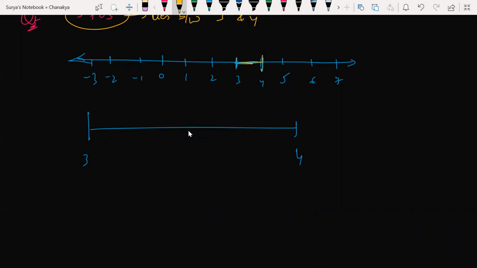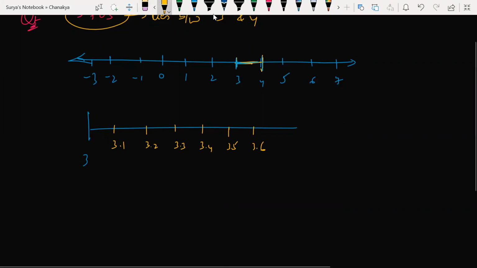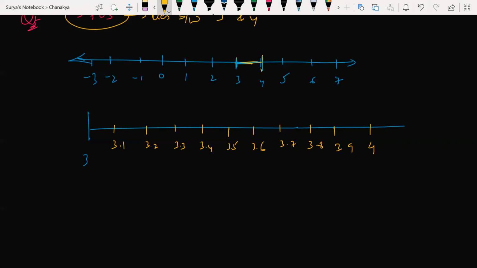Let's write 3.1, 3.2, 3.3, like that, 3.4, 3.5, 3.6, 3.7, 3.8, 3.9, and 4.